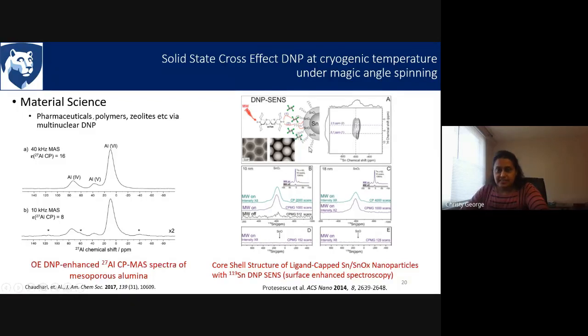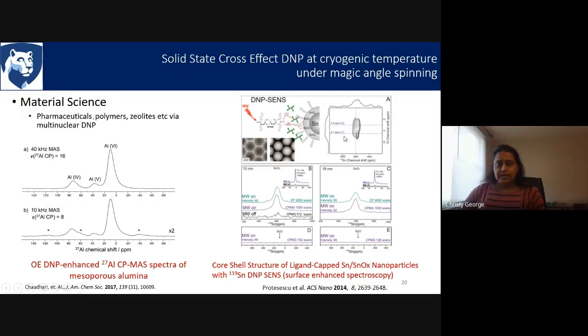In surface enhanced DNP, the polarization is transferred only to the surface species, so only the surface species will be detected properly. And in NMR, SnO and SnO2 give different chemical shifts for the corresponding tin spectrum. So when they did the DNP experiment, they did not see any NMR signal at the SnO position, but they saw a good signal at the SnO2 position, which indicates that the nanoparticle has a core shell structure where the inner core is SnO and the outer surface is SnO2.